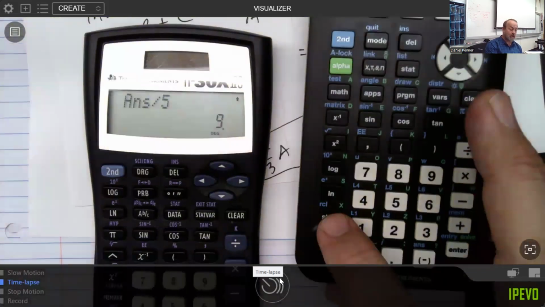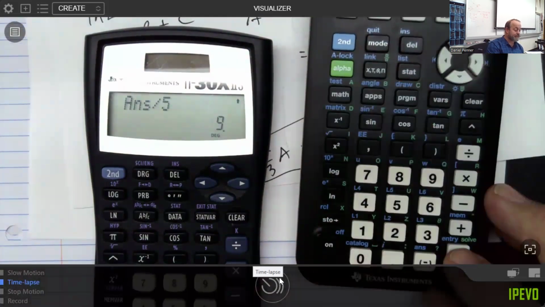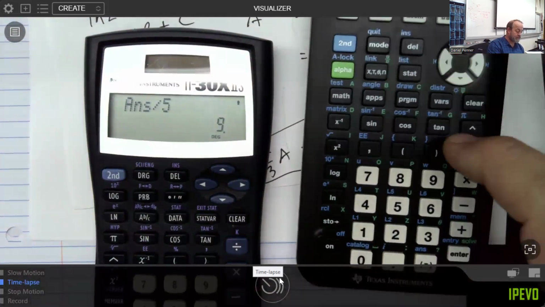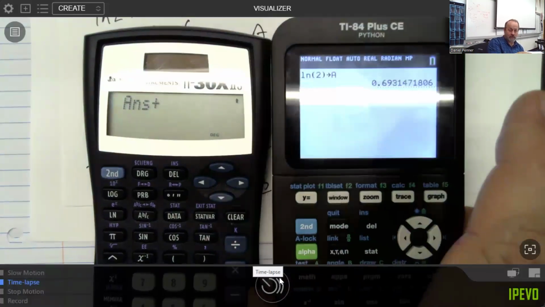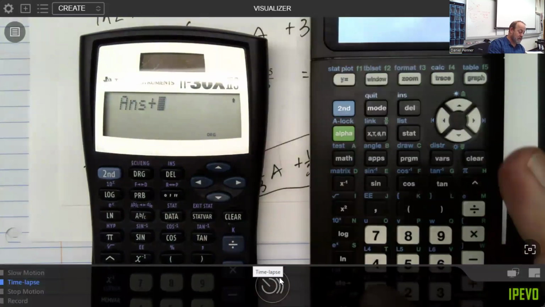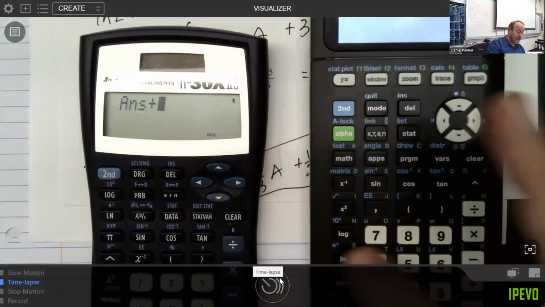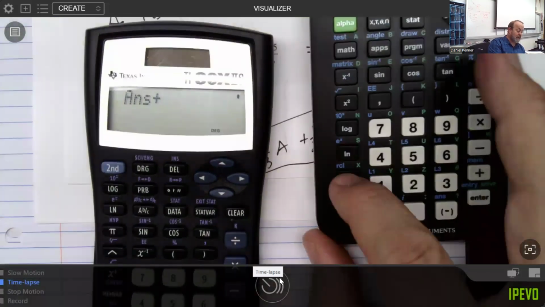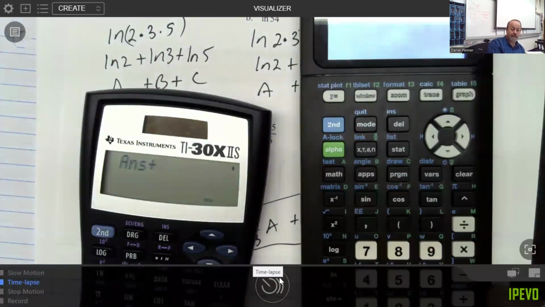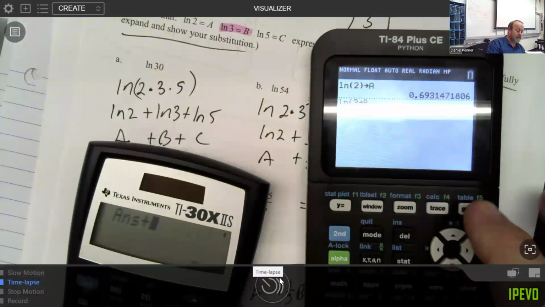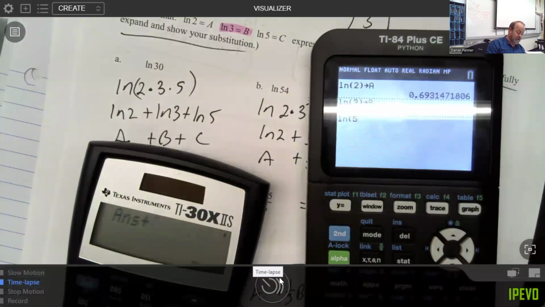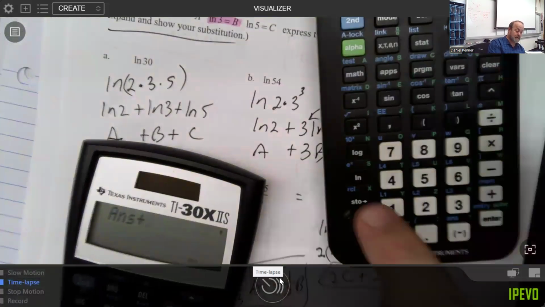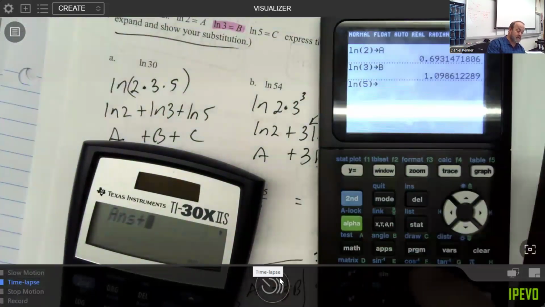I could hit that store as alpha A. Natural log of 2 stored as A. I could do the natural log of 3 and hit store as alpha B. Got to be a little bit careful. I should put a parenthesis, store alpha B. And natural log of 5. I'm going to hit the store button again and go to alpha C.